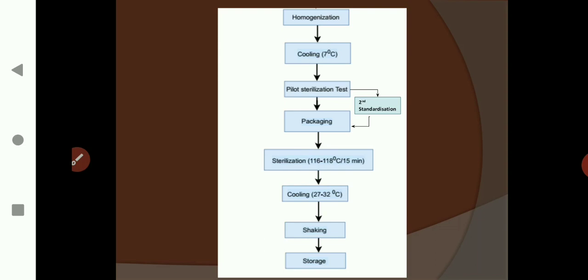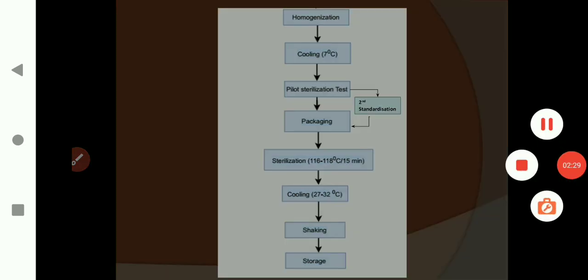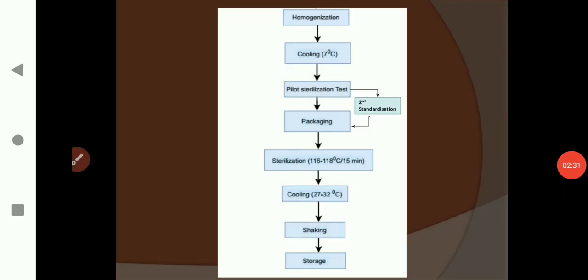Then comes the second standardization and packing or canning. Then the cans are sterilized at 116 to 118 degrees Celsius for 15 minutes. Then it is cooled immediately, and the cooling time should not be more than 15 minutes. It is cooled to 27 to 32 degrees Celsius, followed by shaking and storage. Even during storage, the cans are shaken.